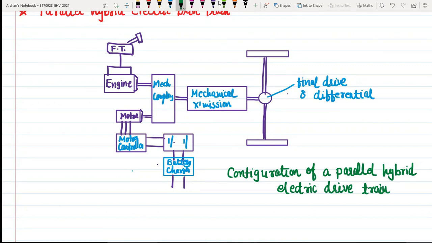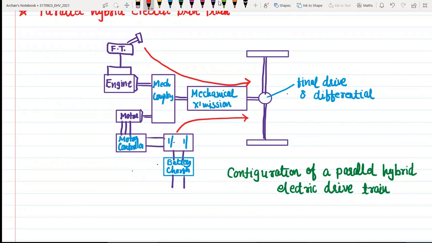Now suppose I am talking about the traction required. In this case, what will be the flow? The traction can be provided by the engine. If you consider the flow, this is the way in which our traction is going to be provided. This is the first way. Second, the battery may also provide the required traction, so the battery may also supply the load in this fashion.